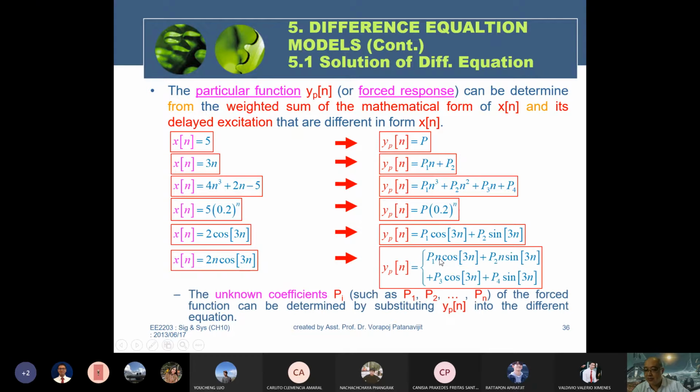It will be in the form of n cos 3n and n sin 3n, including cos 3n and sin 3n. The unknown coefficients pi, such as p1, p2 to pn of the forced functions, can be determined by substituting yp into the difference equation.